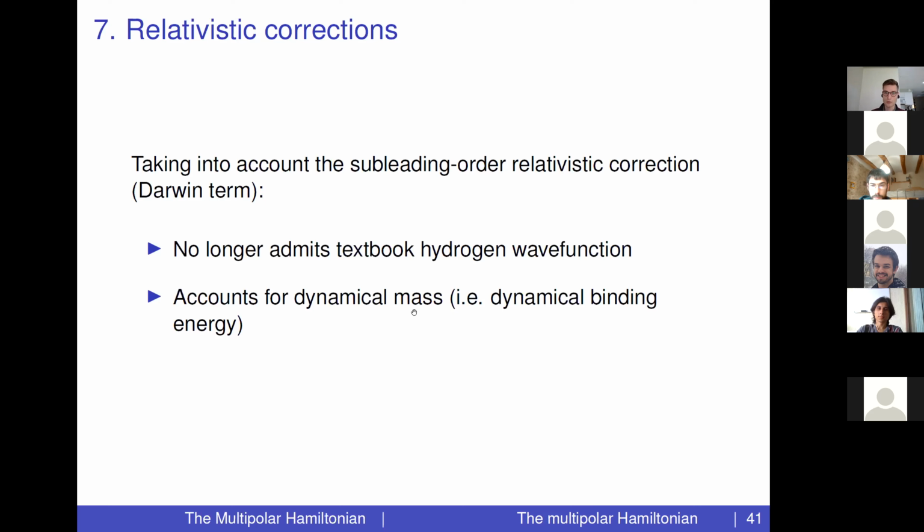But if you now consider the subleading correction term coming from the Darwin Hamiltonian, you will find that this is nothing else than just changes in the binding energy of the atom. And so the apparent friction forces that come from the non-relativistic calculation are no longer there. And therefore, in the end, if you're interested in forces acting on the atom, it's important to consider corrections, even if it's just a subleading order.